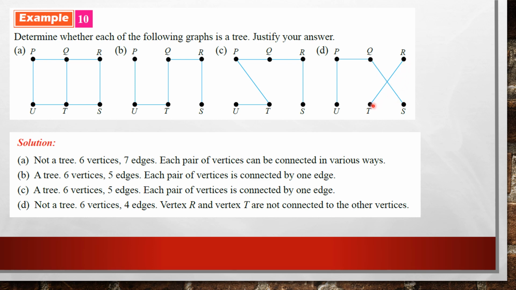And you can see that vertex T and vertex R are not connected with P, Q, U, or S. So diagram D is not a tree because it has 6 vertices and 4 edges. The condition doesn't follow, and vertices R and T are not connected to the other vertices.